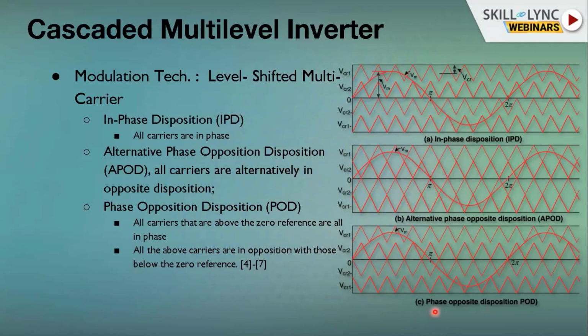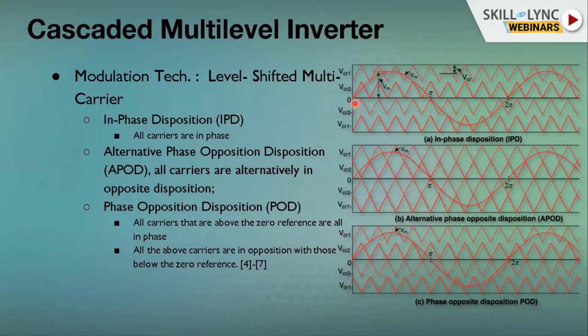Then the third one is phase opposite disposition. These two are very similar to the two we have at the top, and then the other ones are in opposite. Their peaks are opposite. So that's how these three prominent techniques work.